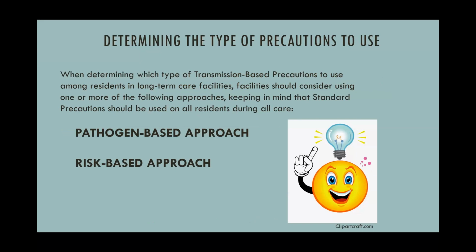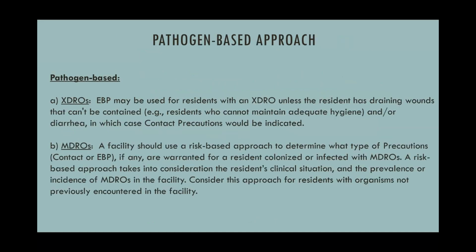When determining which type of transmission-based precautions to use among residents, facilities should consider using one or more of the following approaches, keeping in mind that standard precautions should be used on all residents during all care. The two approaches are pathogen-based and risk-based. What do we mean by pathogen-based? XDROs.